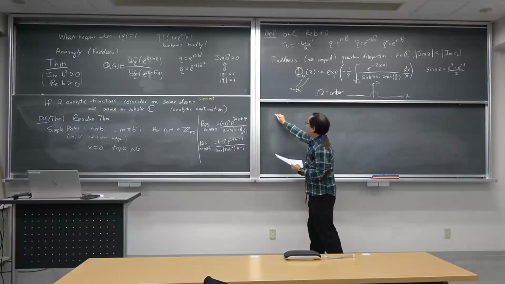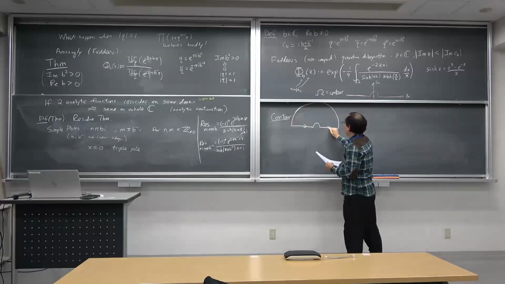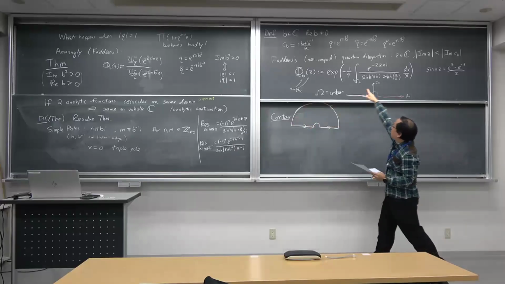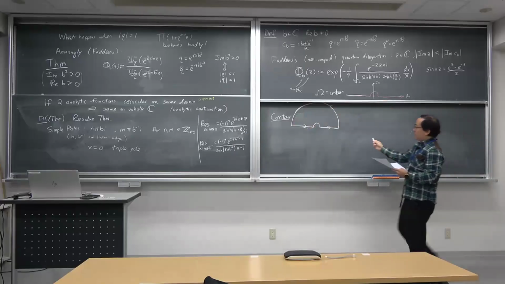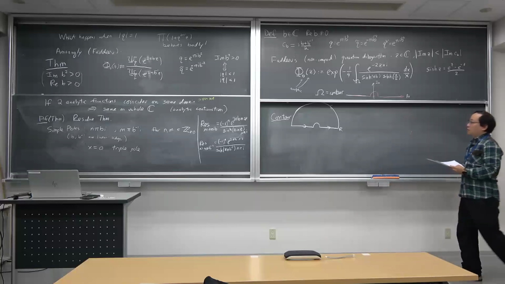So we will take the following contour. The bottom part is the red one, and we basically encircle it with a big semicircle on top.